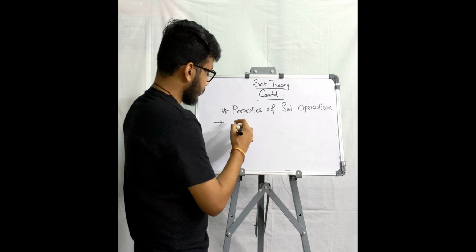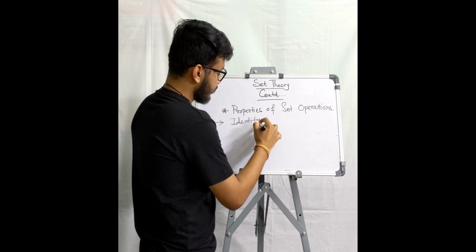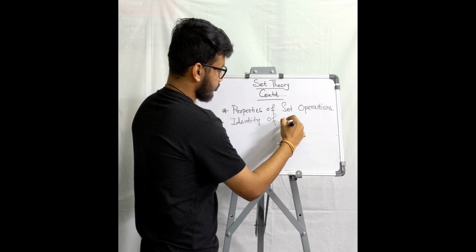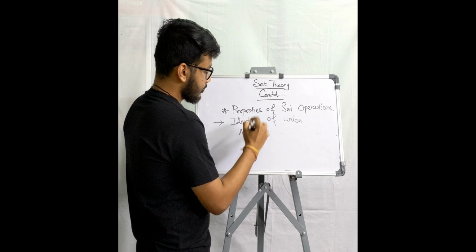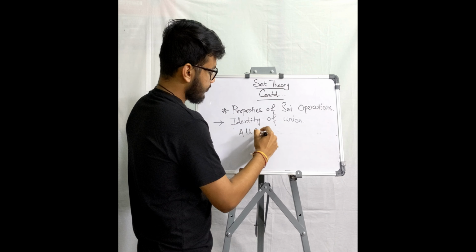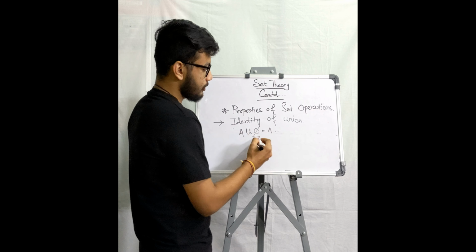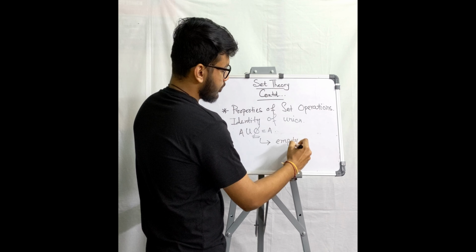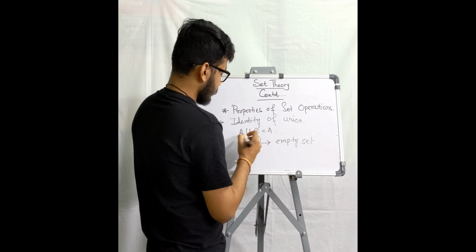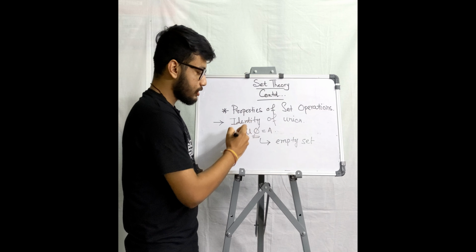So the third property is identity property of union. Identity of union. It says that A union phi is nothing but equal to A. So what is phi? Phi is nothing but the empty set. So when you are uniting a set with an empty set, obviously what you are going to get as a result is that particular set itself.